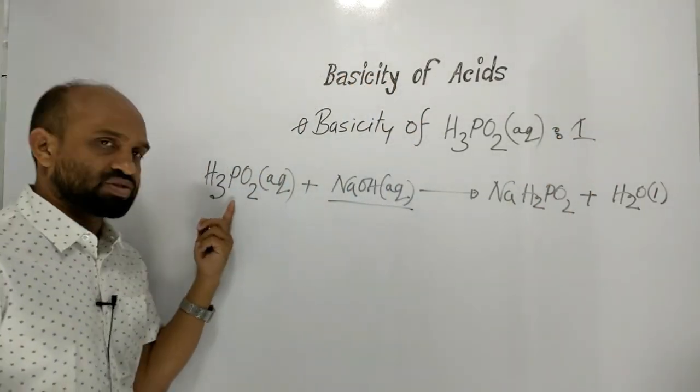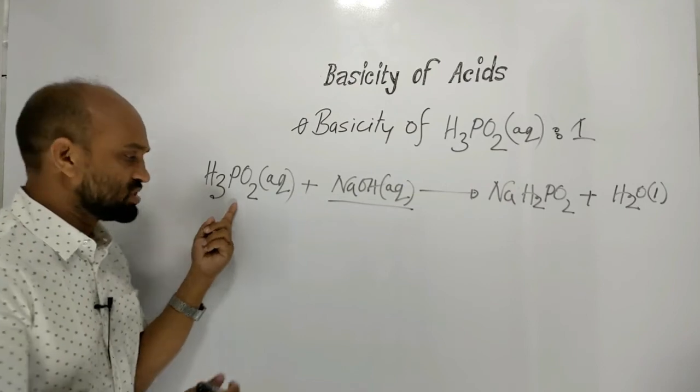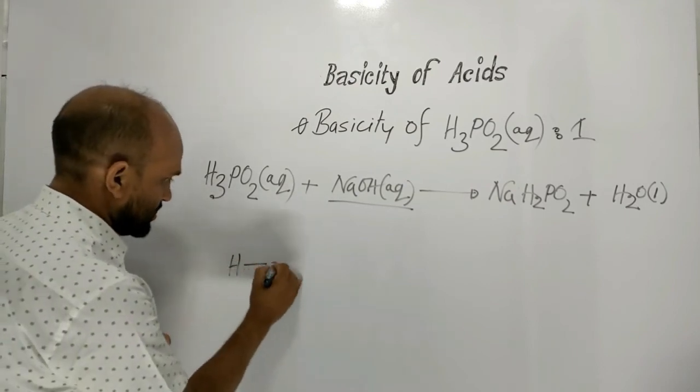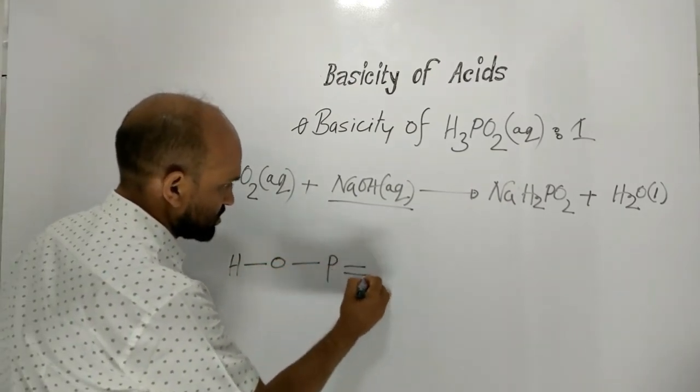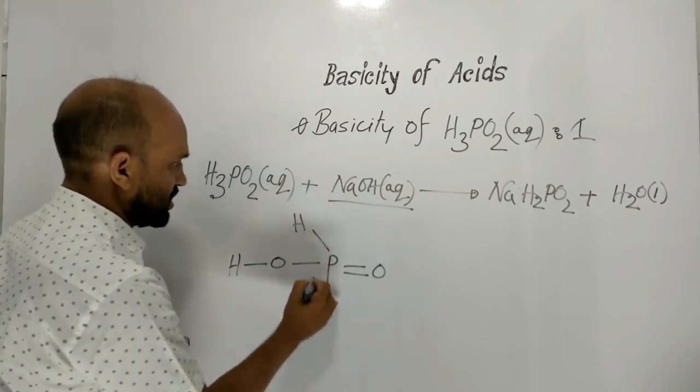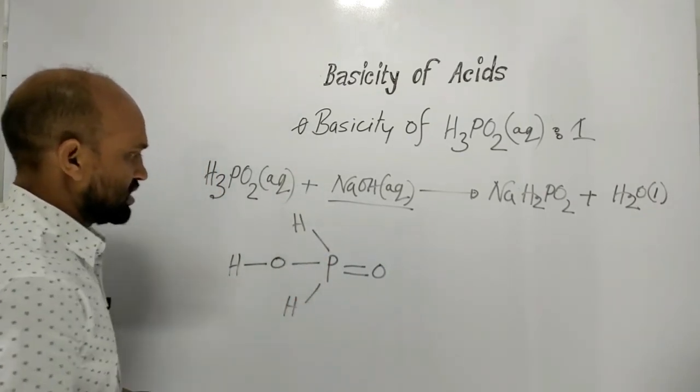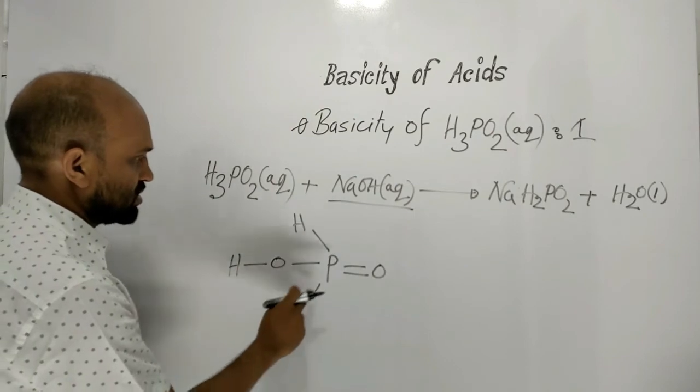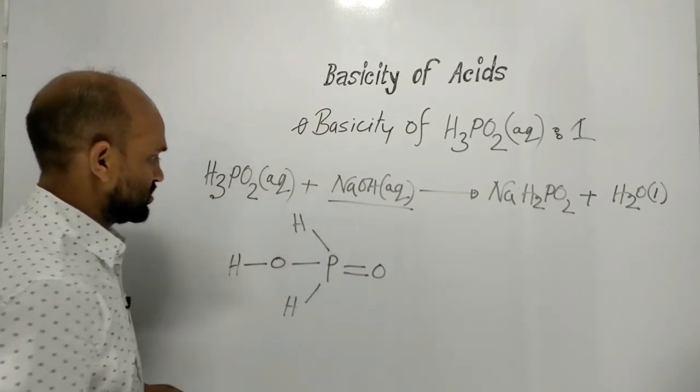Here the structural formula of hypophosphorous acid is like this: phosphorus, oxygen, here hydrogen, H3PO2.